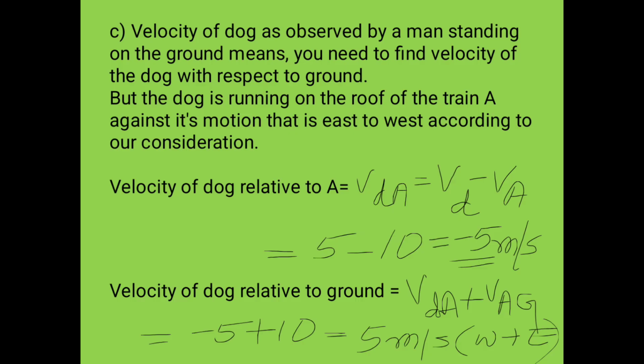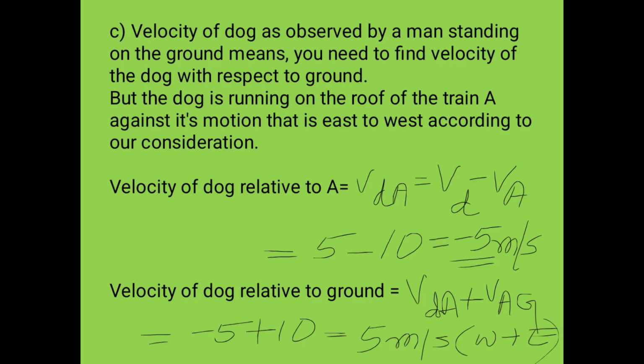Then the velocity of the dog relative to the ground, that we have to calculate. That is the addition formula of relative velocity. The man is standing on the ground, as we have discussed, so the effective velocity he will observe: while he is observing the dog running against the train A over the roof of A, you also have to consider the velocity of that train. So addition of velocities should be done.